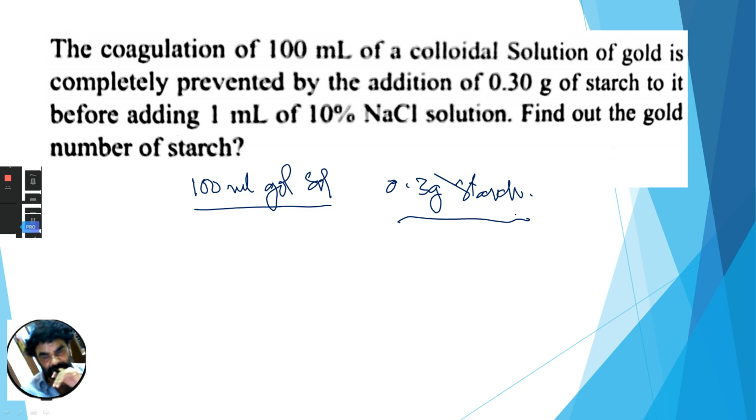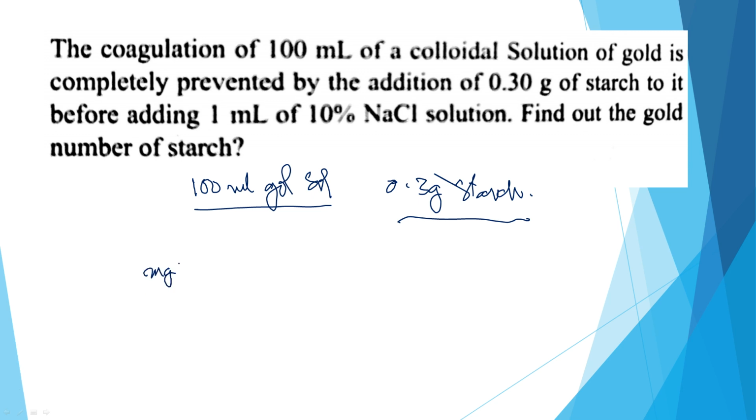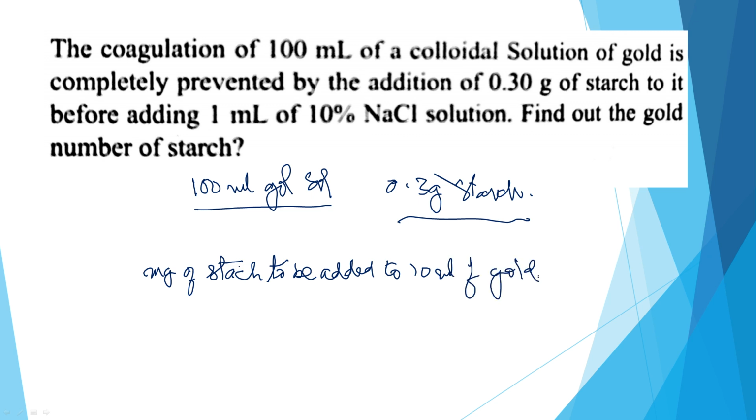The gold number is the number of milligrams of starch to be added to 10 ml of gold salt.